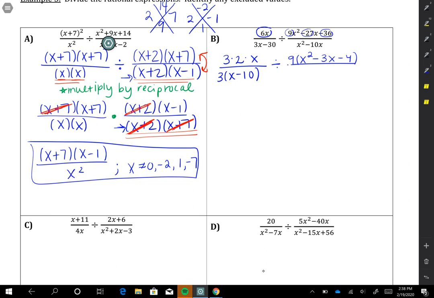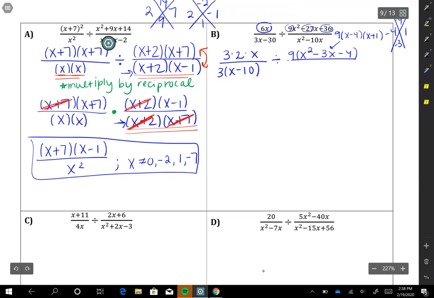And I would continue factoring this part, so I still have the 9 out front, but this would factor: what multiplies to -4 and adds to -3 would be a -4 and a +1. So x minus 4 times x plus 1. So here I have x squared minus 10x. I can bring out an x, and I still have x minus 10 left over.